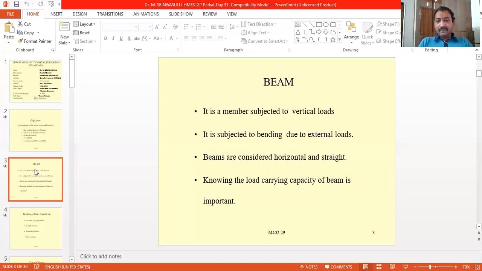So we should know the load carrying capacity of the beam. That plays a very important role in designing beams and finding their suitability in different places. So a beam can be defined as a horizontal member which is subjected to vertical loads.